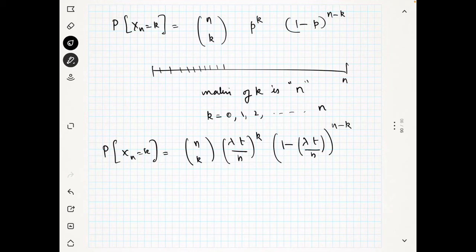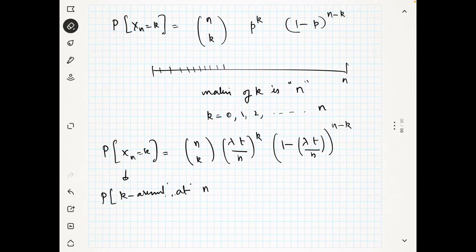This represents the probability of k arrivals when we view at the nth block.